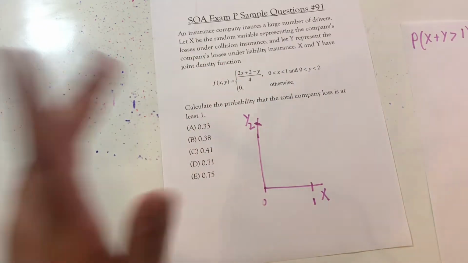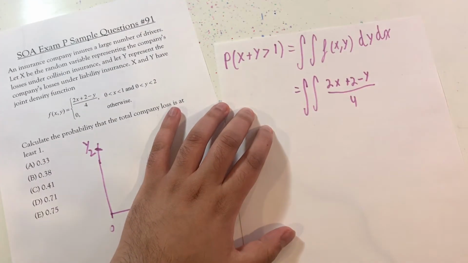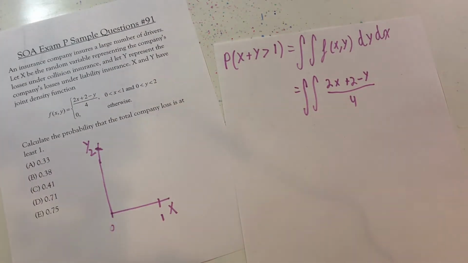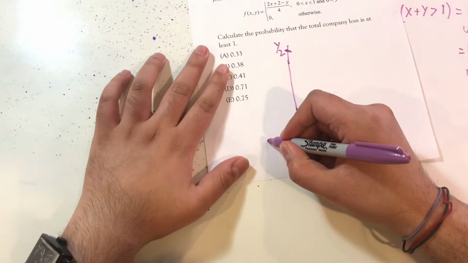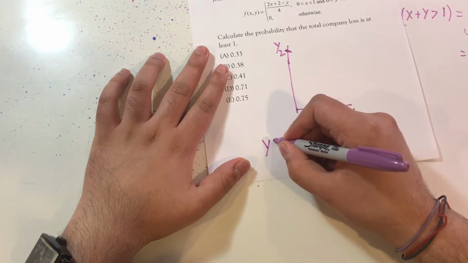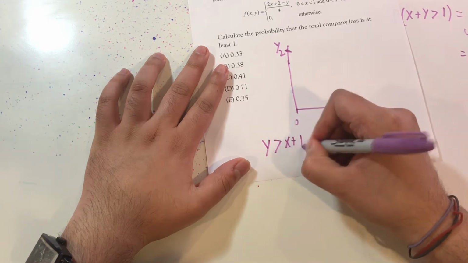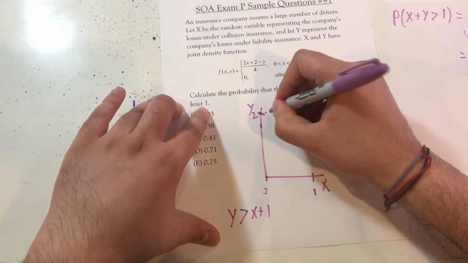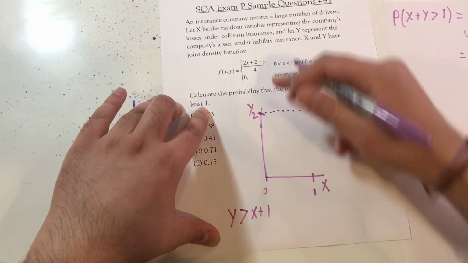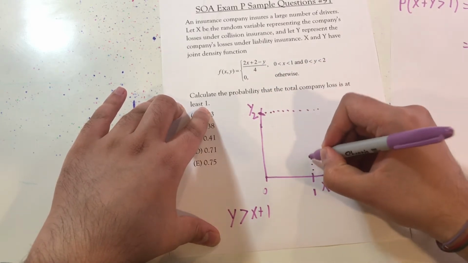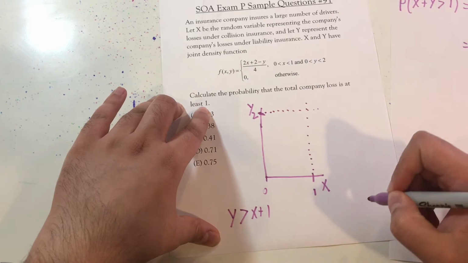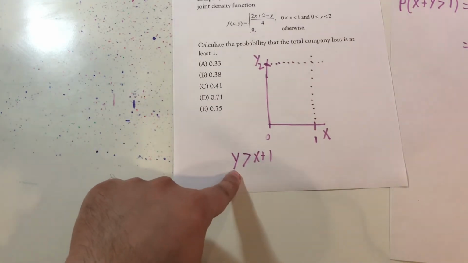And here's the thing. We are looking for the probability x plus y is greater than 1. Another way of writing it is the inequality y greater than x plus 1. I'm going to draw a little boundary here because that's the upper limit for my y. Here's the upper limit for my x. And I'm going to graph this line.